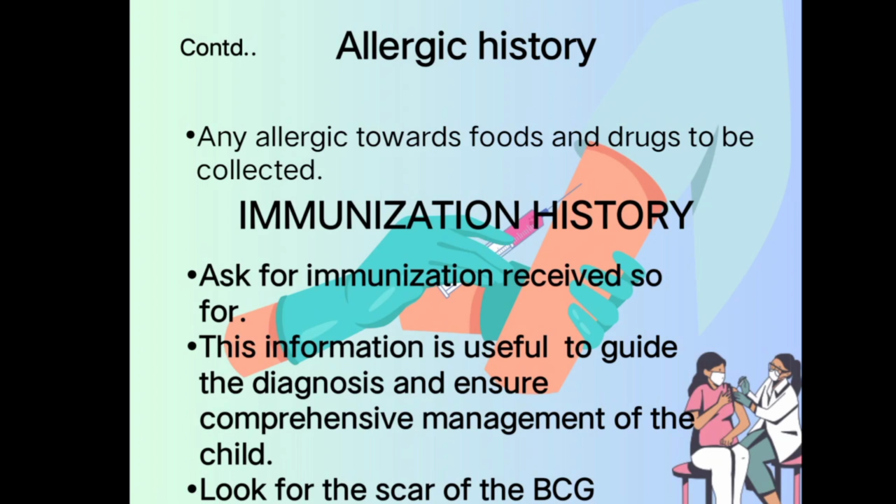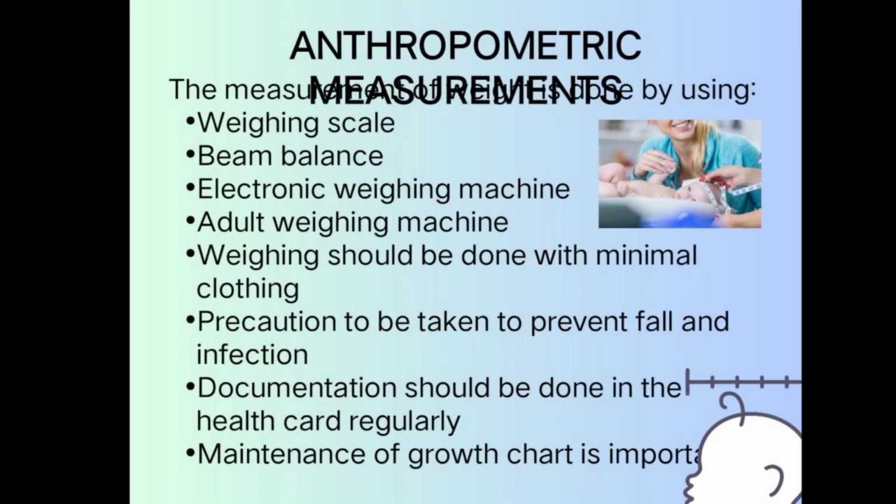As per the chart, whether they have immunized their child, what was the previous dose, what is the next dose we have to give to the child, what doses have been skipped, and what is the reason for skipping those immunizations, and we'll impart knowledge regarding the benefits of immunization if they are very young children, like that. This will help us to diagnose the major signs and symptoms and give comprehensive nursing care.